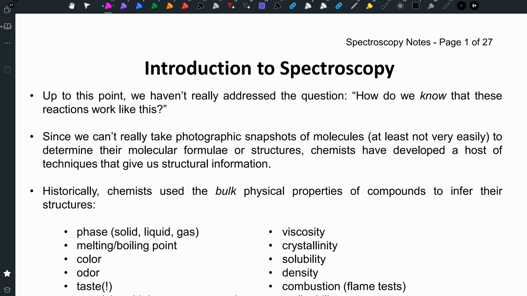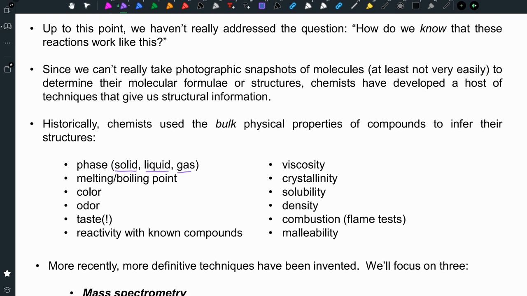There were some methods that we still use, noting the phase at room temperature, whether it's solid, liquid, or gas, measuring the melting and boiling points. Those are definitely used to characterize substances. Looking at the color is definitely a good one. Some things have very distinctive odors.